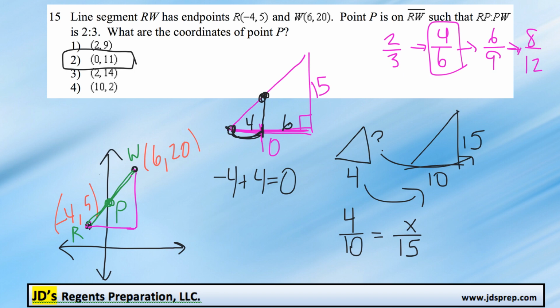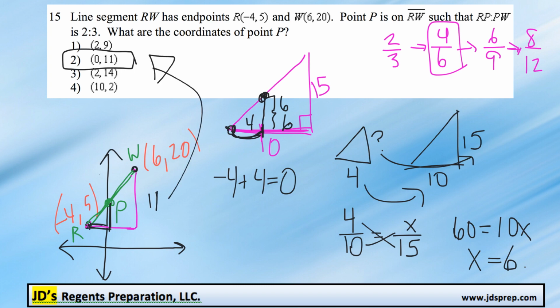If we cross multiply here, we get 4 times 15, which is 60, equals 10 times x, which means x equals 6. So that missing distance here is 6. And since the y value at R is 5, and we add 6 more, that would give us a y coordinate of 11, which matches the answer that we got.